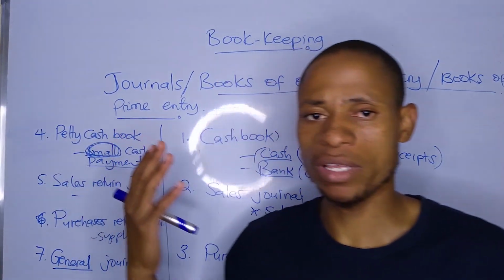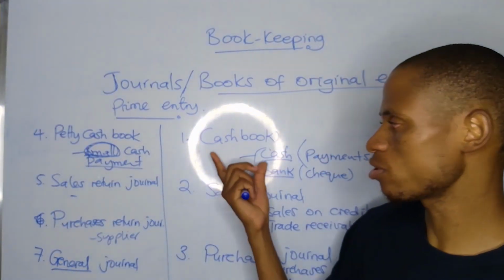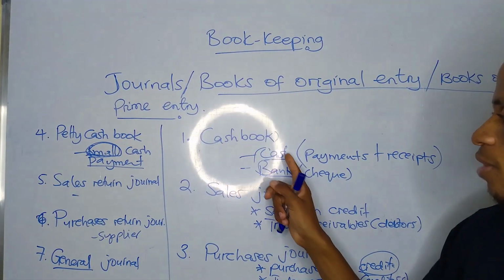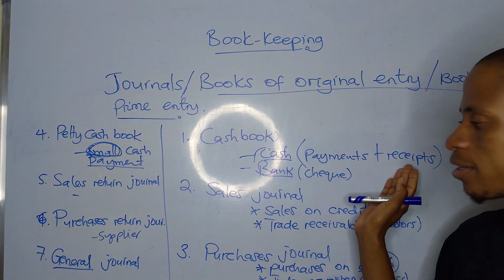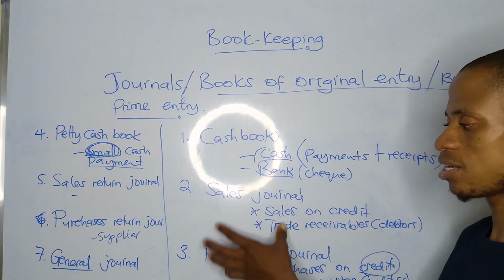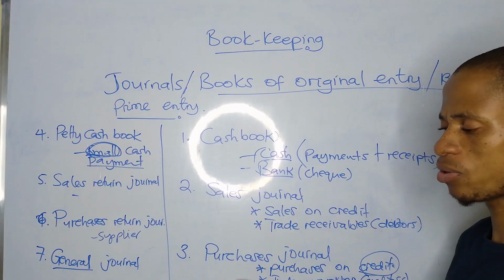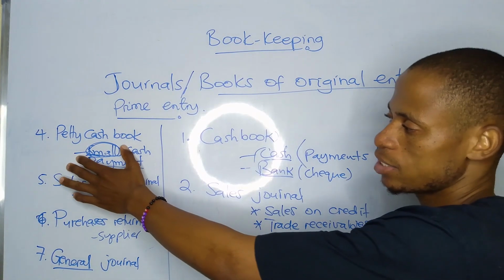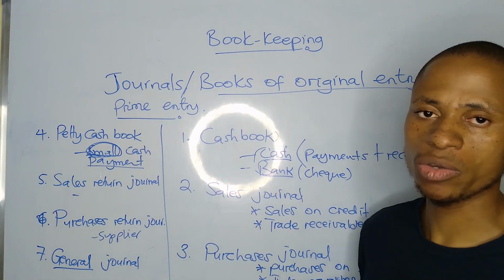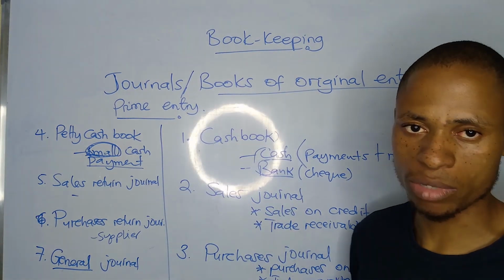It's the duty of the bookkeeper to record all transactions in a cash book if they are related to cash and bank payments and receipts. Sales journal if all the sales were made on credit. Purchase journal if all the goods bought from suppliers were bought on credit. Petty cash book if they have small amounts of cash to be paid for goods and services.